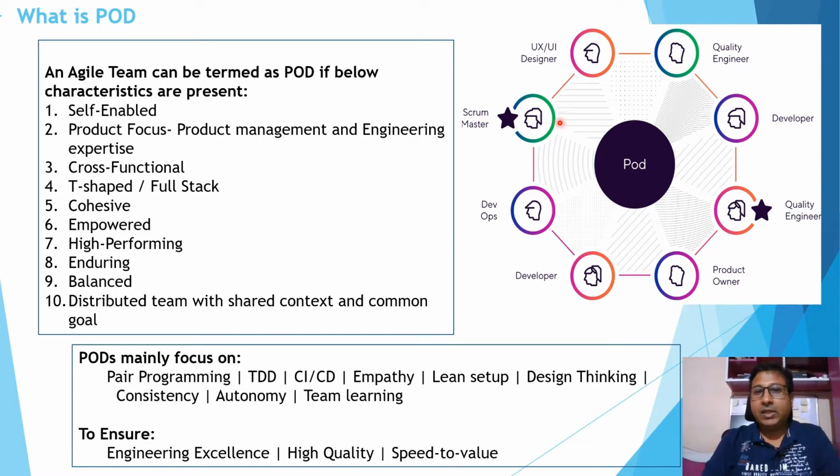For example, a Scrum Master who will be anchoring, a UI/UX designer, quality engineer, developer, another quality engineer, product owner, and a DevOps engineer to maintain the CI/CD, everything can be part of a pod. These are indicative roles; you can tweak them based on your project need.